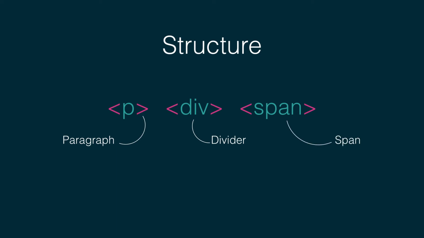And the last is a span tag, which actually may have not been on the page. I can't remember if I put one in or not. But a span tag actually just allows you to give meaning to a span of text.